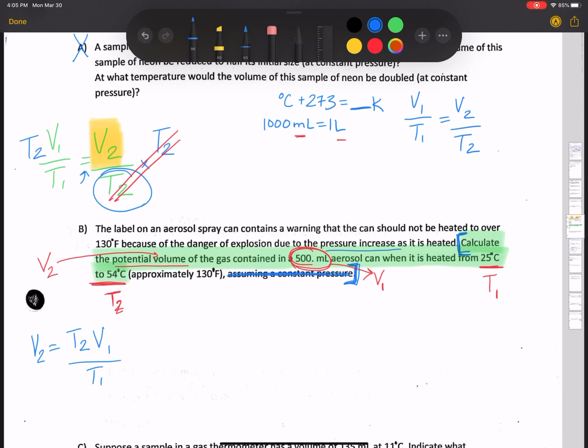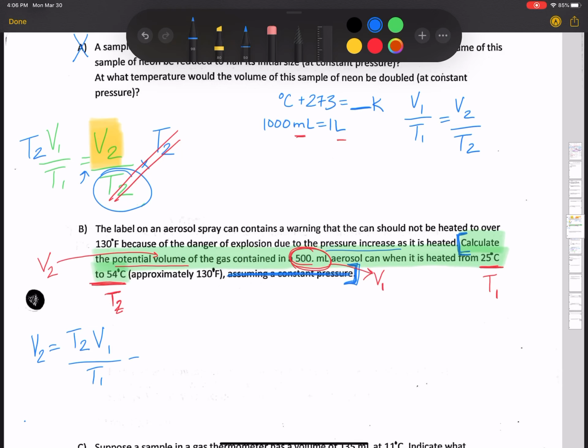Let's say you wrote it out as V2 equals V1 over T2 over T1. These mean the exact same thing. They're both correct. I'm just going to stick to the first way that I wrote it out, because that's how I went ahead and set it up for you.